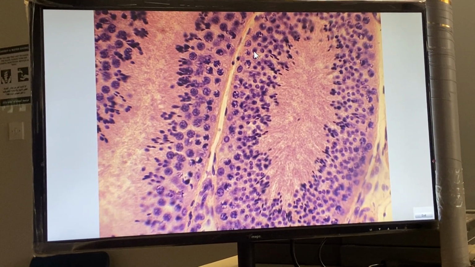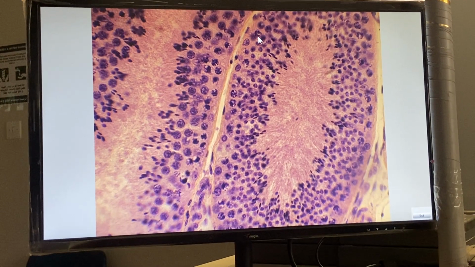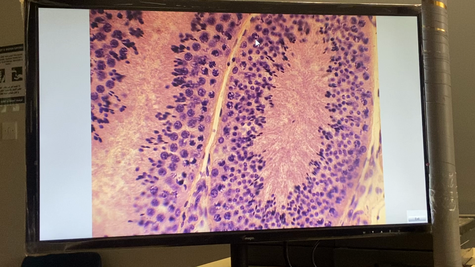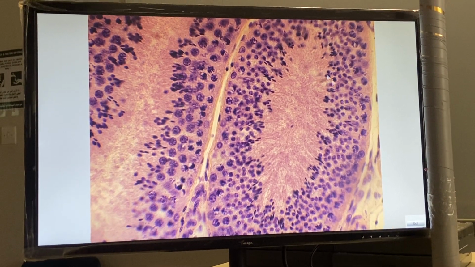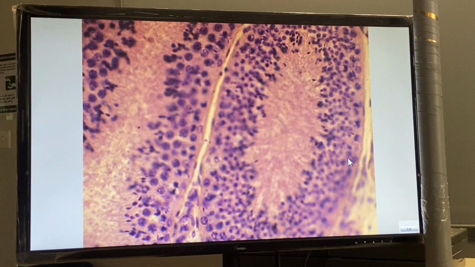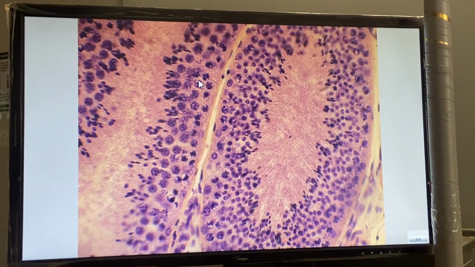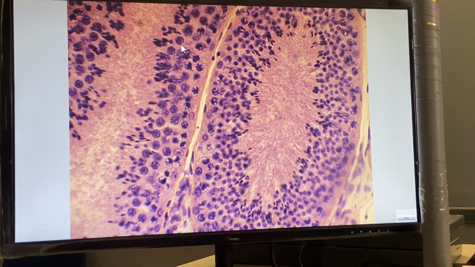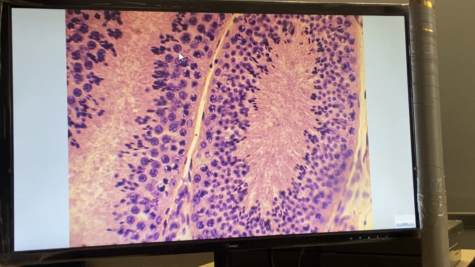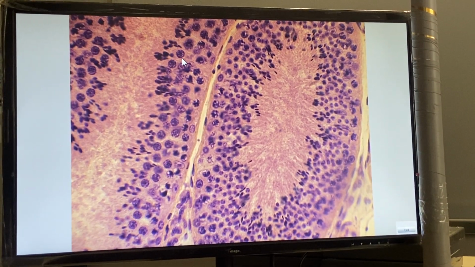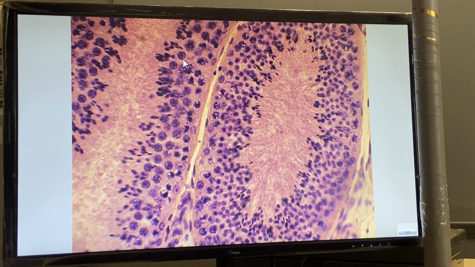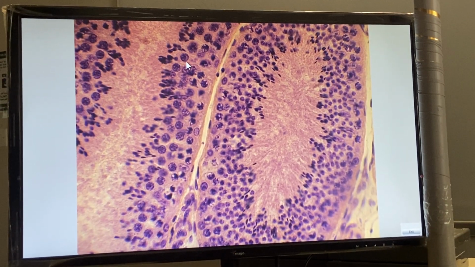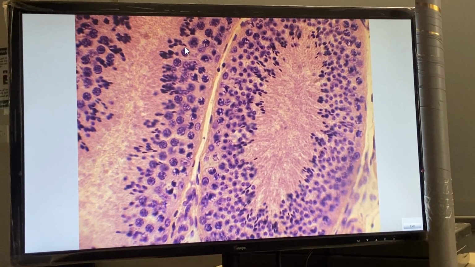The largest cell in the spermatogenic epithelium called the primary spermatocyte. This cell is characterized by the presence of partially condensed chromosomes in various stages of synapsis and recombination.